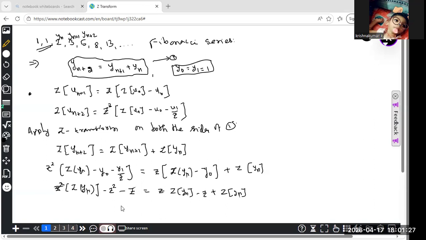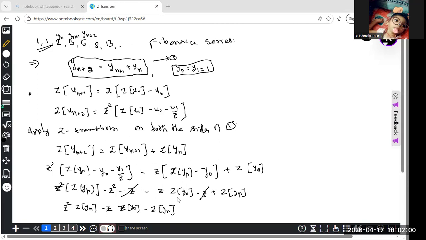Now you bring all the transform of y to one side. So therefore this becomes z square of z transform of yn, minus z transform of yn next, minus z transform of yn, and this minus z will get cancelled.